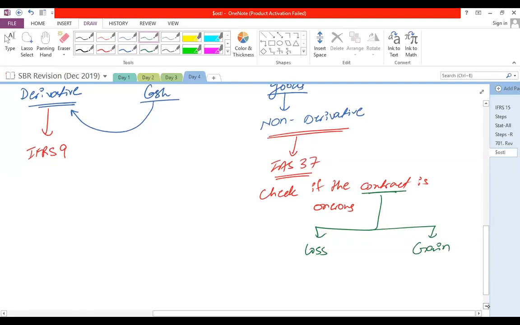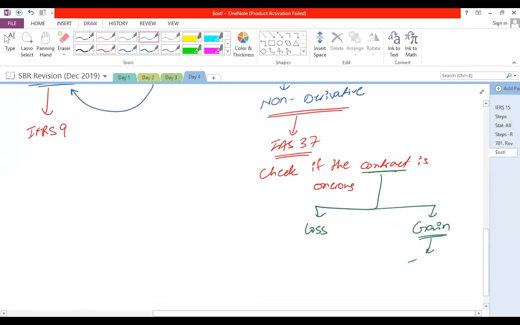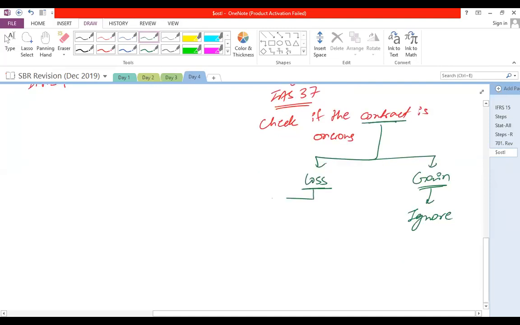If there's a gain on the contract, we simply ignore that, do nothing. But if there's a loss on this contract, we need to check whether it is expected to be reversed or whether it's expected not to be reversed.